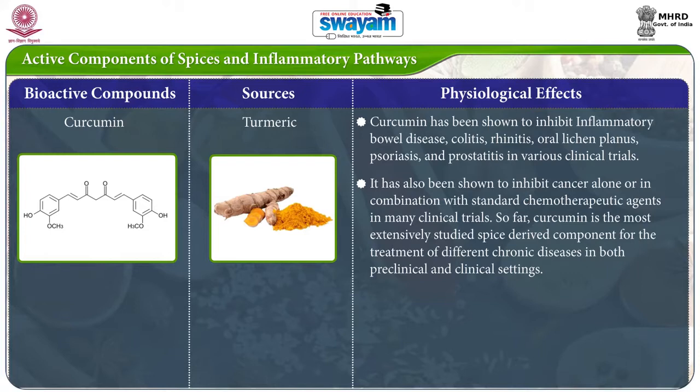It has also been shown to inhibit cancer alone or in combination with standard chemotherapeutic agents in many clinical trials. So far, curcumin is the most extensively studied spice-derived component for the treatment of different chronic diseases in both preclinical and clinical settings.